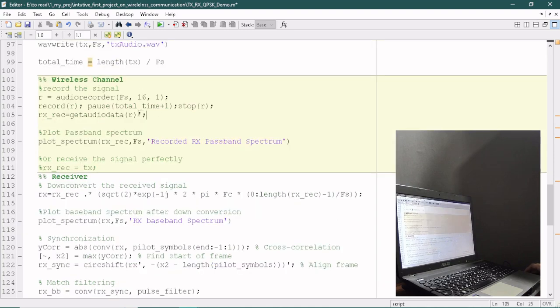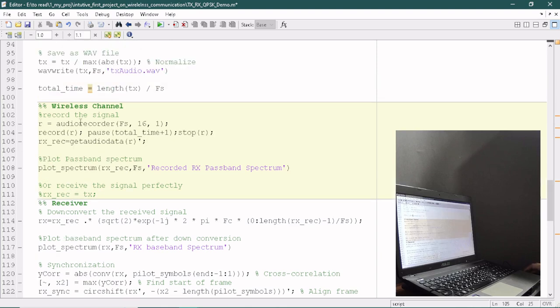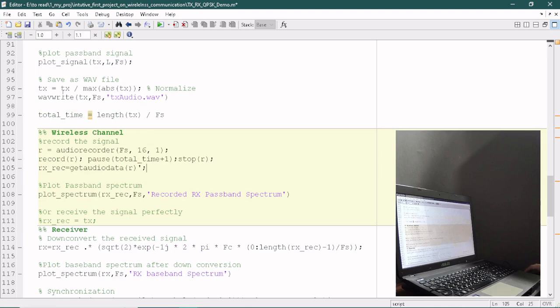And after trying receiving the data perfectly without any distortion or without using the wireless acoustic channel, here we will try to receive the data using the air, using the acoustic channel. So first we should send this sound file to some other device, for example a mobile phone, and we can play the sound and transmit it wirelessly using the wireless channel to our MATLAB code.